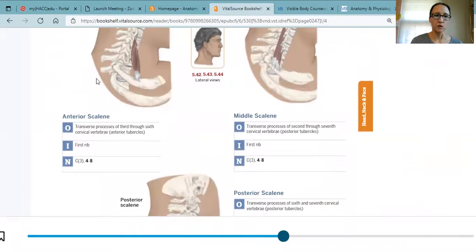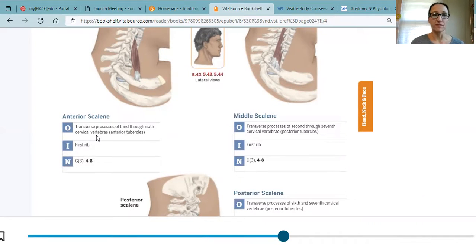Anterior scalene originates on the transverse processes of the 3rd through the 6th cervical vertebrae. So TPs, C3 through 6.